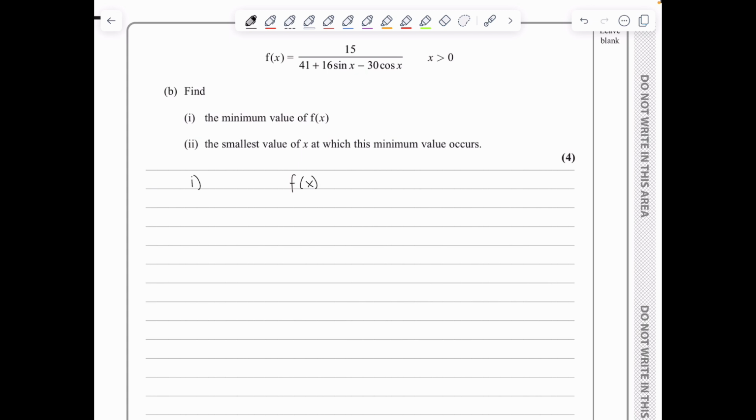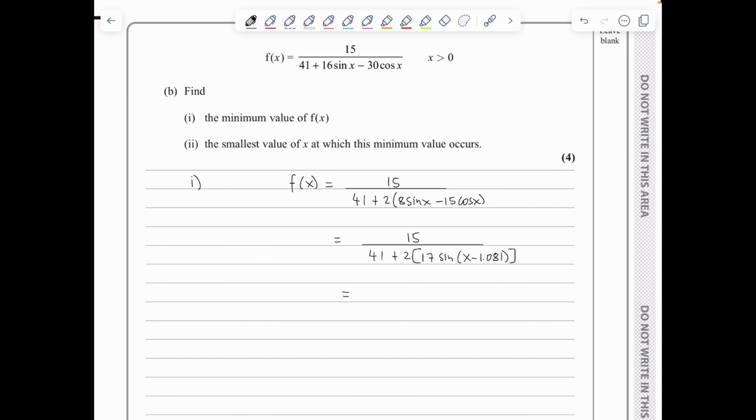And we can see this if we write f of x as 15 over 41 plus, I will factor out the 2, and I've got 8 sine x minus 15 cos x. And the expression within the bracket is what I have written in part A as a single sine. So this can be written as 15 over 41 plus 2 times the 17 sine of x minus 1.081.